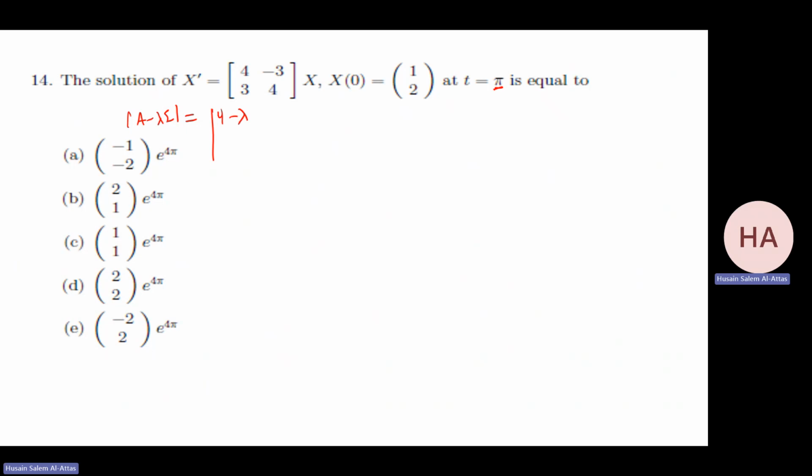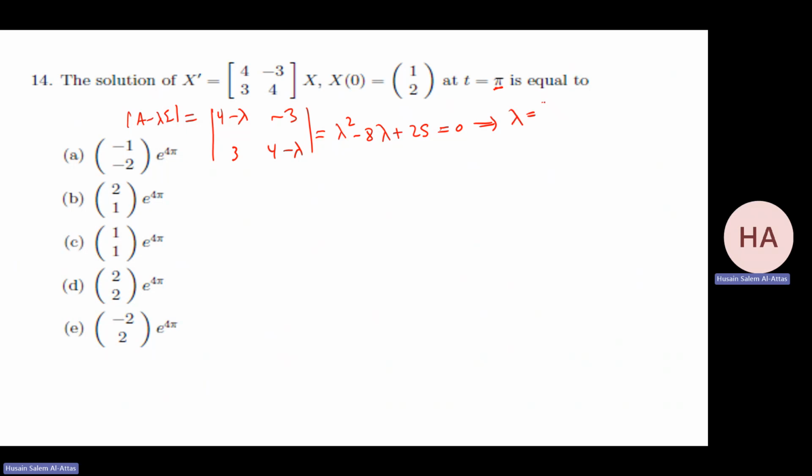4 minus lambda, this is minus 3, 3, 4 minus lambda, not by. 4 minus lambda, that will be what? Lambda squared minus 8 lambda plus 16 plus 9, which is 25, equals 0.